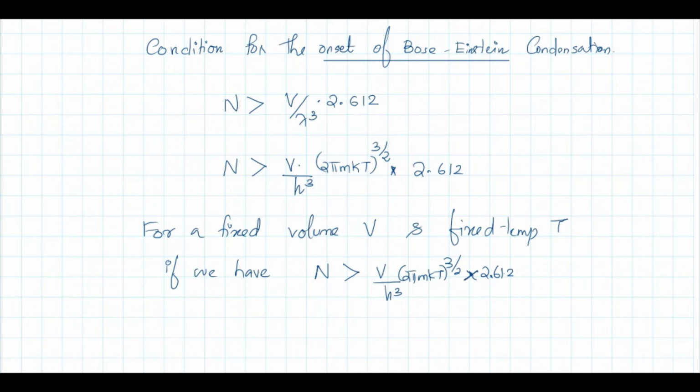This is the condition for the onset of Bose-Einstein condensation in terms of number of particles in the system, keeping volume and temperature fixed. Now you can think of keeping the number of particles and volume fixed.